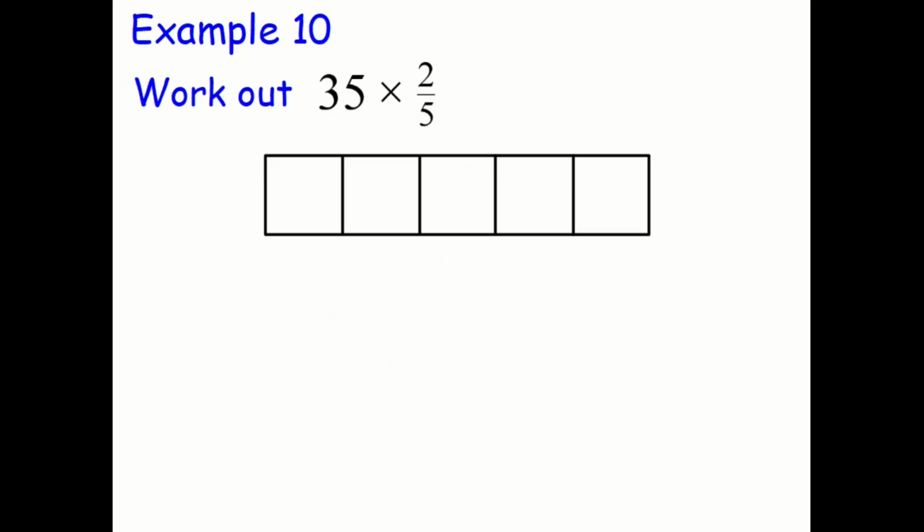Example 10, work out 35 multiplied by 2/5. So this means literally 2/5 of 35. So think about the whole of your bar model as being 35. I've got to split it 5 equal ways, so then each part is going to be 7.